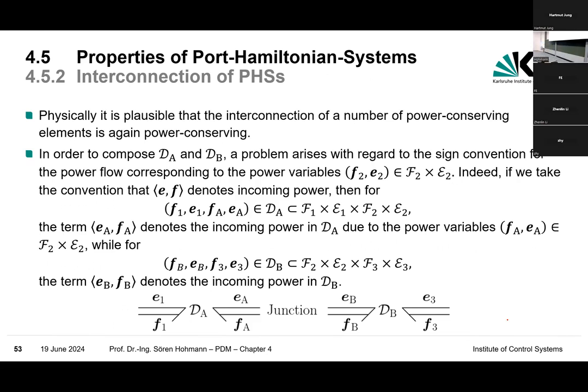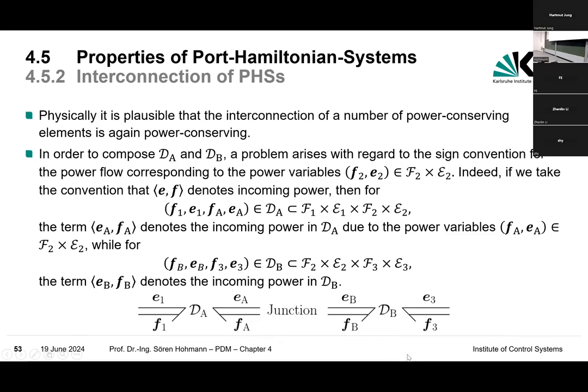If I have one Dirac structure, another Dirac structure, so basically two systems, two different subsystems, and we connect them via two ports, for example via a transformer or something, then the question is what happens if you connect them. So two Dirac structures, and there's a junction in between, and we want to know what results.